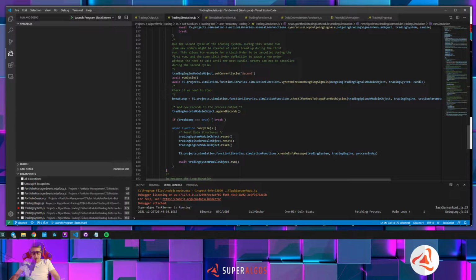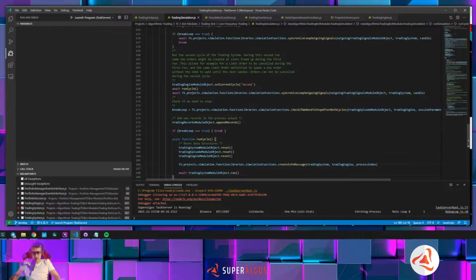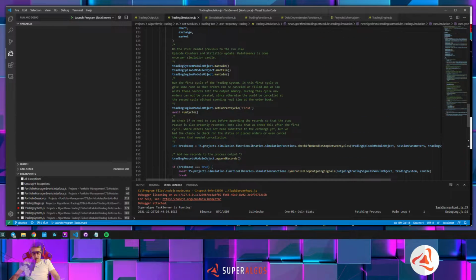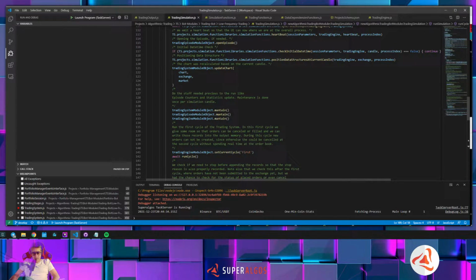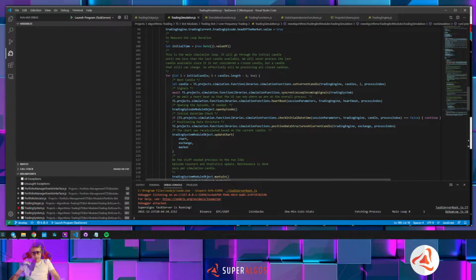The function runs cycle because every candle in this simulation has 2 cycles. Probably not the same situation at the portfolio bot. Probably there is no concept of cycle. But there are a few things like update chart. Hold on, how can you update the chart if you don't know which is the current candle?